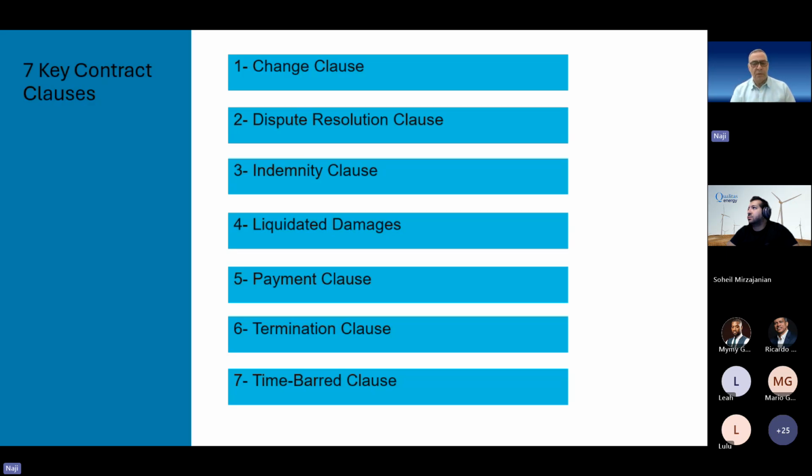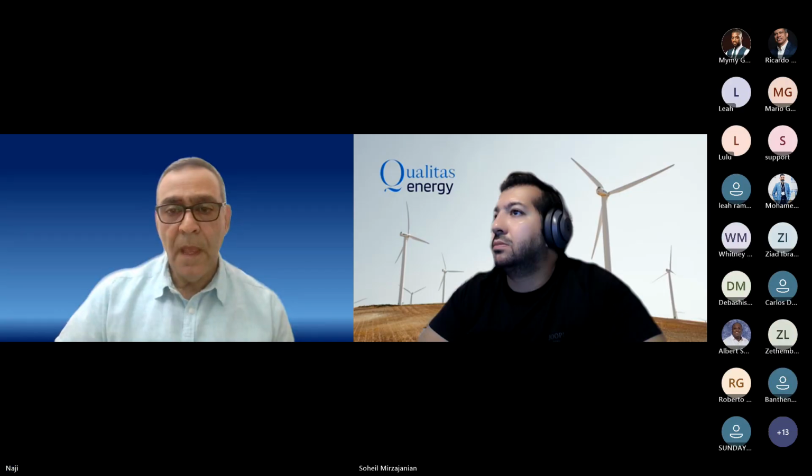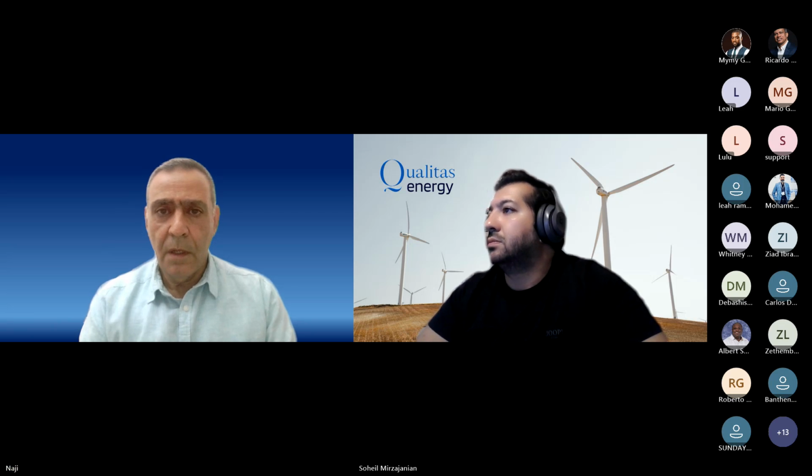Dispute resolutions clause. Again, this one is replacing the court. Either amicable settlement or arbitration, and it should be within the contract.